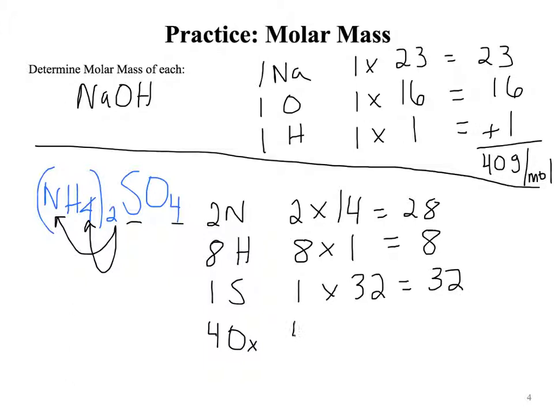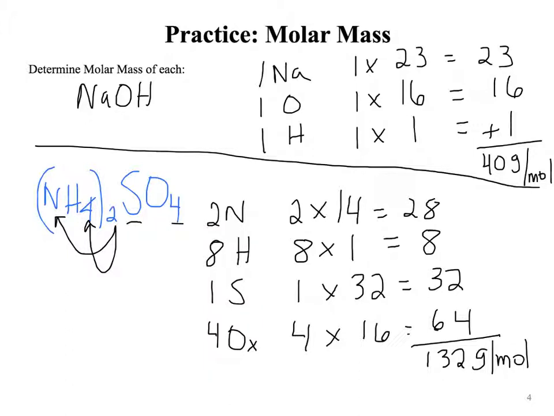And the molar mass for oxygen is 16. So if I add all of these numbers up, I get a total of 132 grams per mole. So the molar mass for ammonium sulfate is 132 grams per mole.